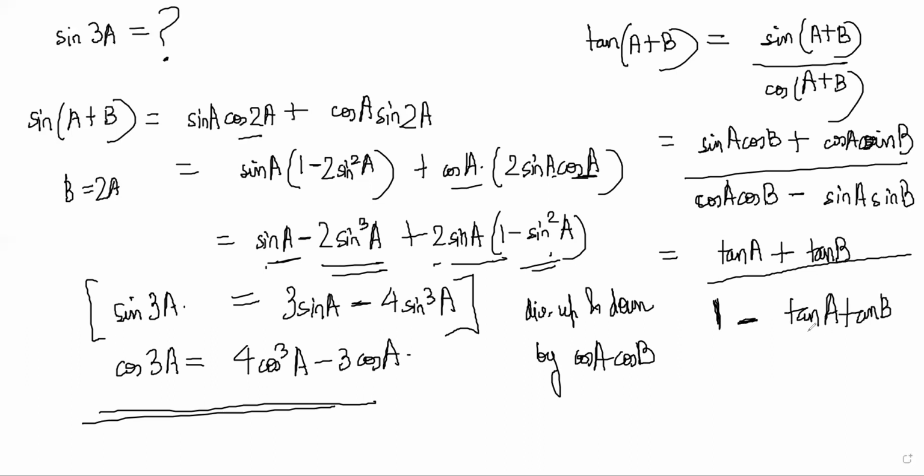So that is the formula: tan of a plus b is equal to tan a plus tan b by 1 minus tan a tan b.